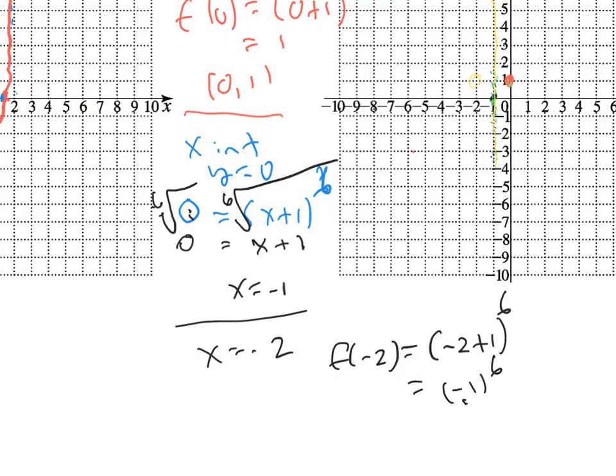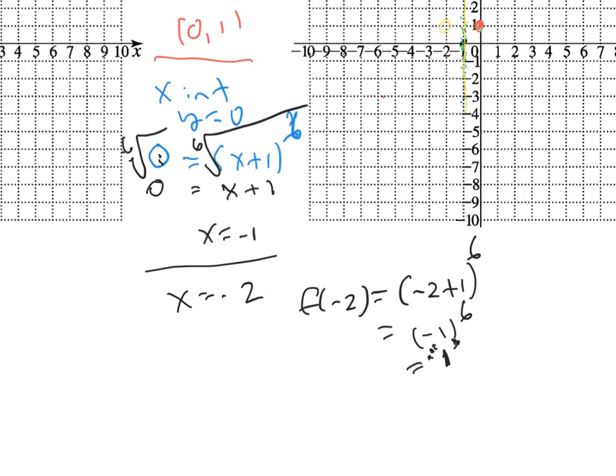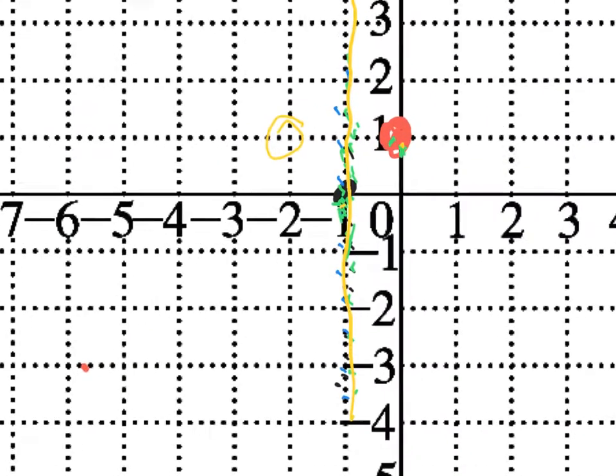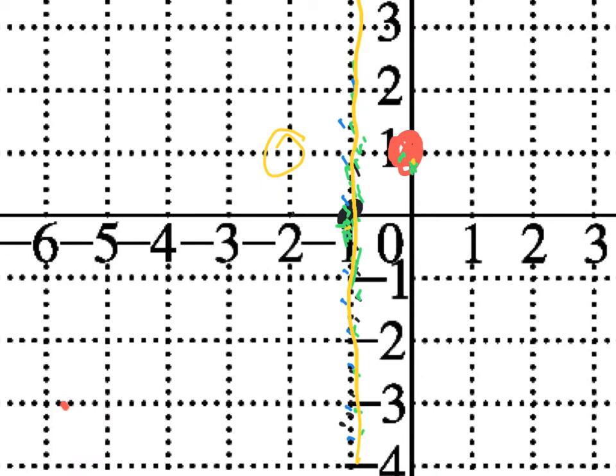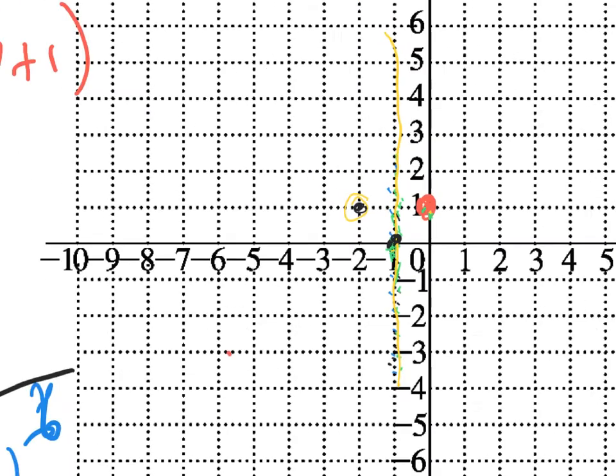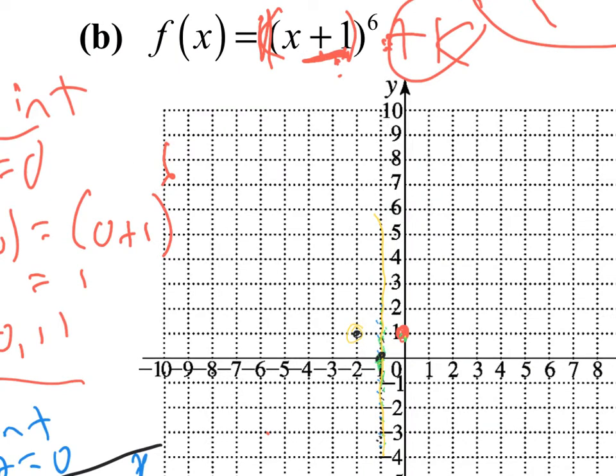What's a negative 1 times a negative 1 times a negative 1 times a negative 1 times a negative 1 times a negative 1? 1. That ordered pair is negative 2, 1. Exactly where I put the yellow circle. How did I know it was going to go there? Thinking about the symmetry, thinking about the lowest place was 0 anyway. So that's enough to give me sort of a parabola.